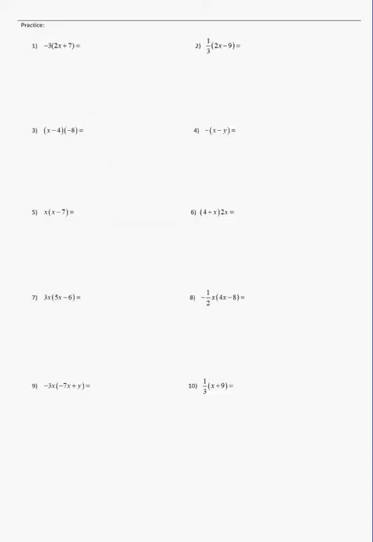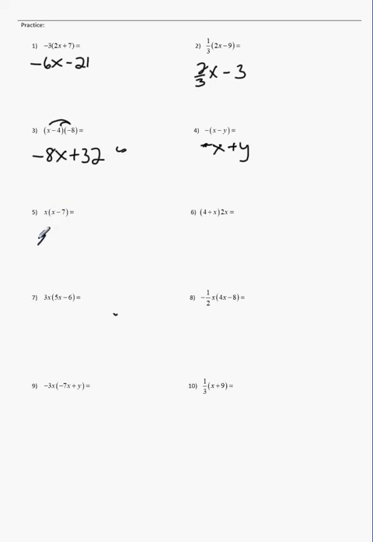All right, so number 1, you should have gotten -6x minus 21. Number 2, you should have 2/3 x minus 3. Number 3, same thing, we just go backwards, so -8x plus 32. Number 4, right, we have that -1 in front, so -x plus y.